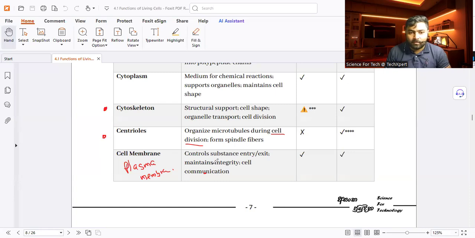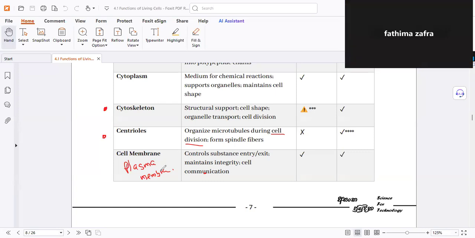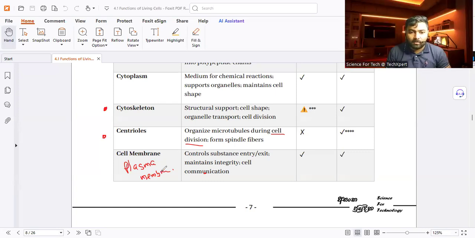This cell membrane acts as a gate because it controls the entry and exit of substances.